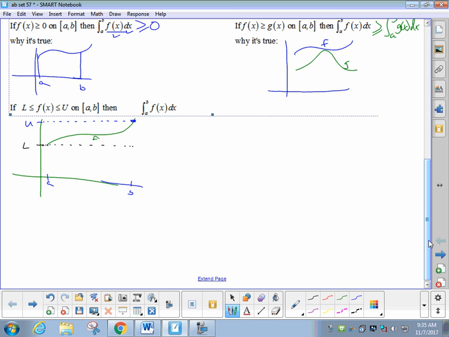Then what could you tell me about the area under f from a to b, this green region? The area under f, what would it have to be bound above by? What area must it be less than?